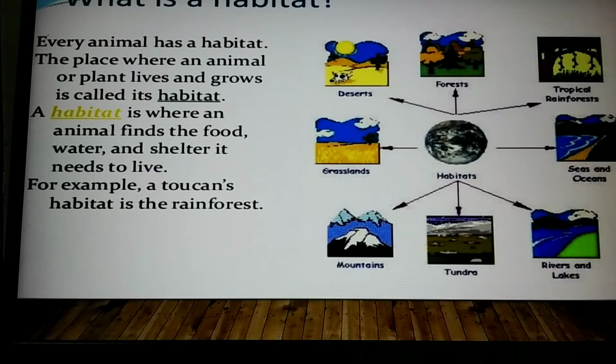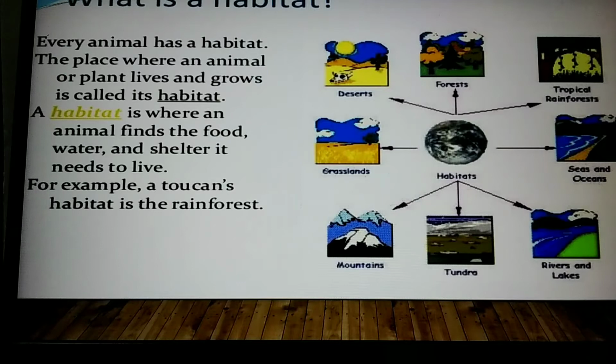So, a habitat is where an animal or a plant can get food, shelter, and water, grow, and live. For example, the toucan's habitat is the rainforest. Here in this slide, many examples of habitats are given.